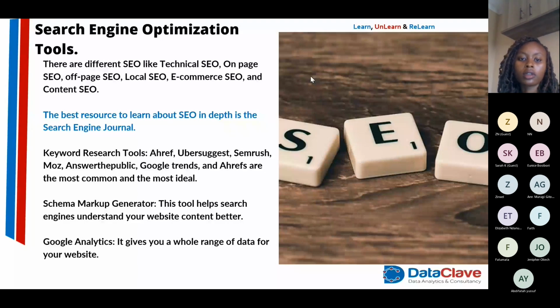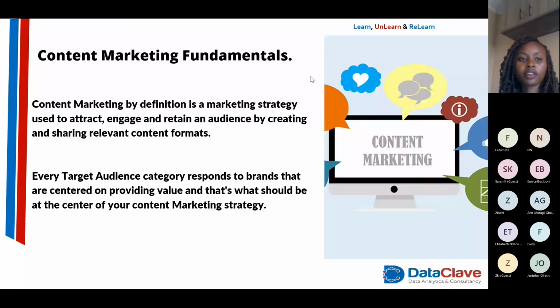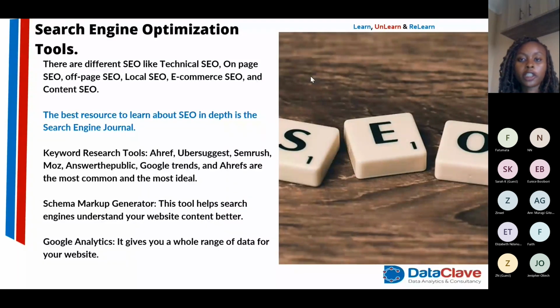Then we have Google Analytics. As I mentioned before, it gives you a whole range of data for your website. It helps you understand what you can improve on, because you can't improve on what you don't know. So it's a very important tool. For SEO, there are so many tools you can use, but I just highlighted maybe the main ones.